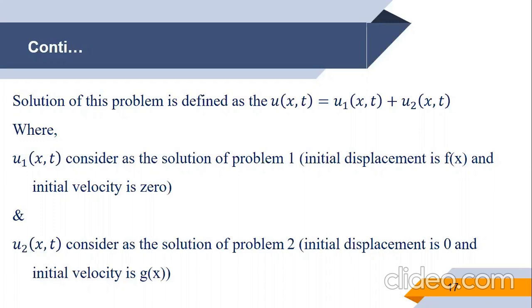Then we discussed the one dimension wave equation. There are 3 types of problem we discussed. One, where initial displacement is given, second, where velocity is given, and problem 3 where both are given. So now we complete the topic application of partial differential equations.